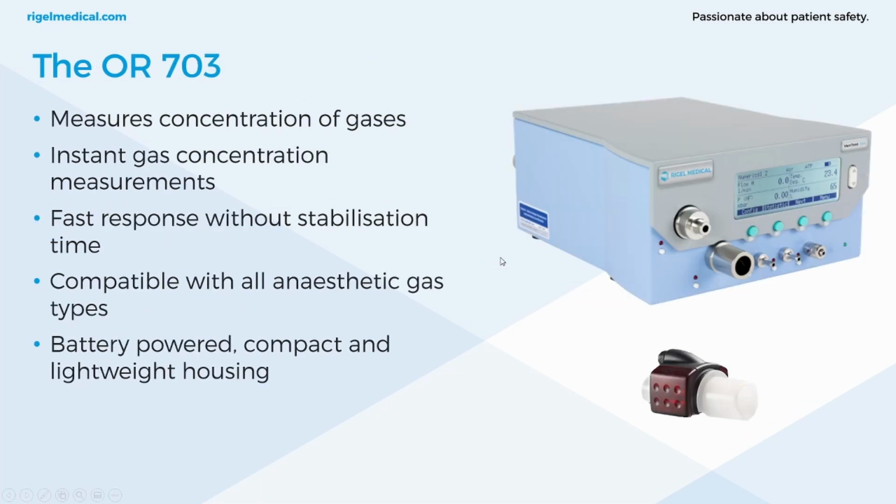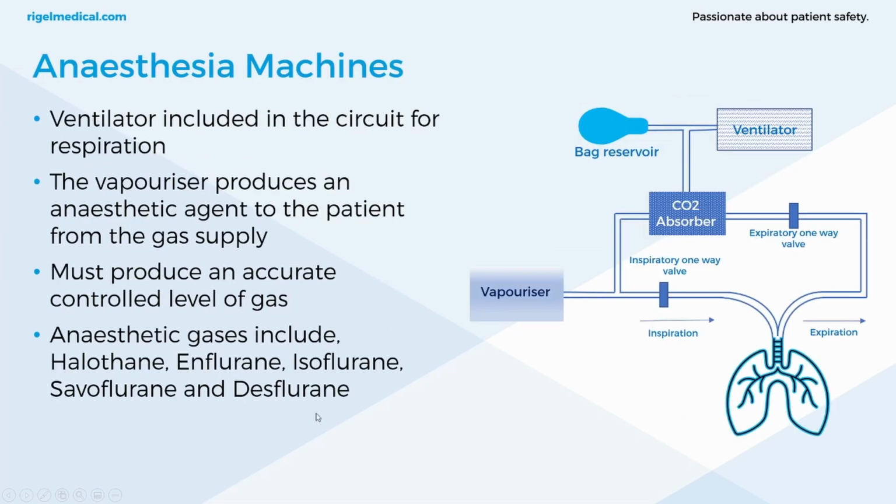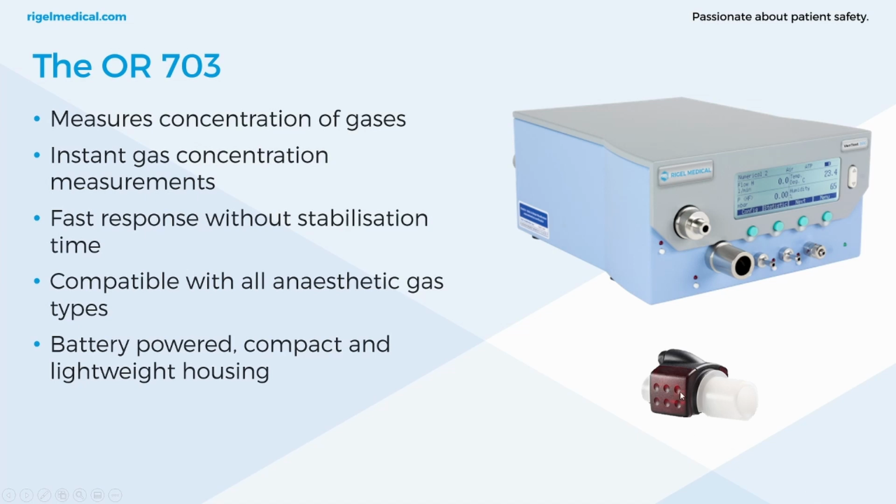And we have this device here, which goes with the vent test, and this is what's used to measure concentrations of those anesthetic gases. It gives you instant gas concentration measurements, fast response time without stabilization. It's compatible with all anesthetic gas types, all of these types here, capable of measuring, as well as the gases such as CO2 and nitrous oxide.